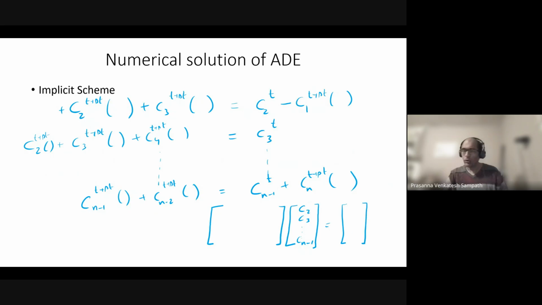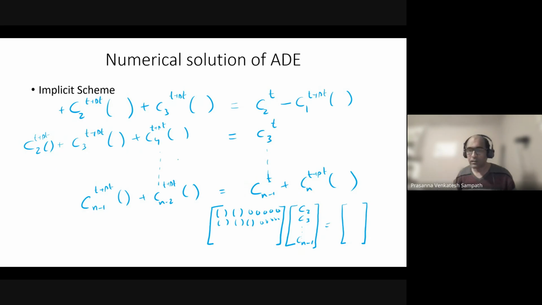I'm not filling out all the values, but what will happen is in the first row, I will have these two coefficients, and all the other coefficients will be 0. In the second row, I'll have the coefficients for C2, C3, and C4, and then everything else will be 0.